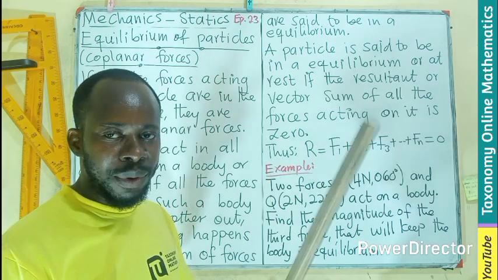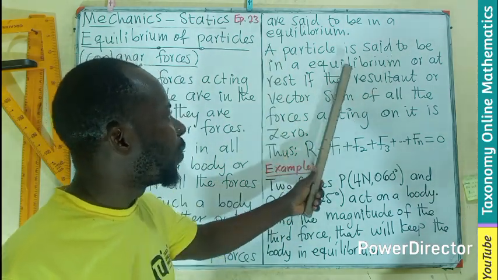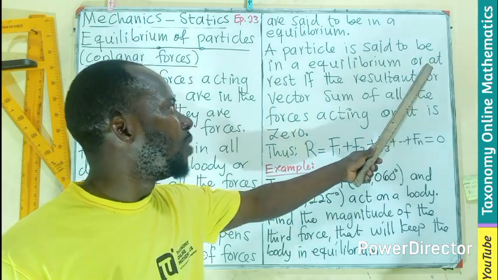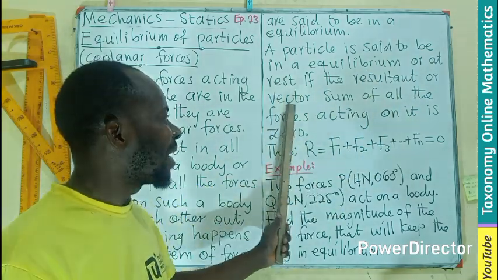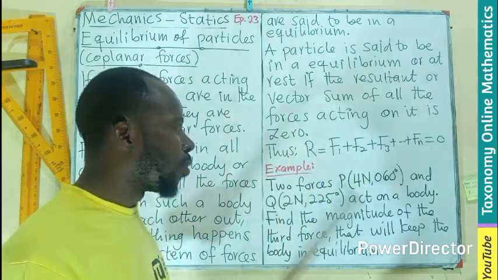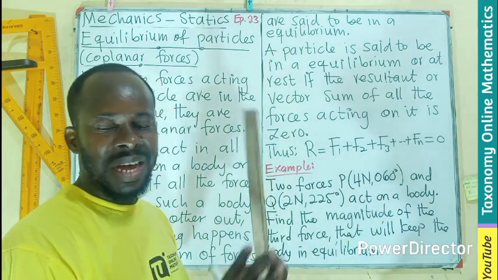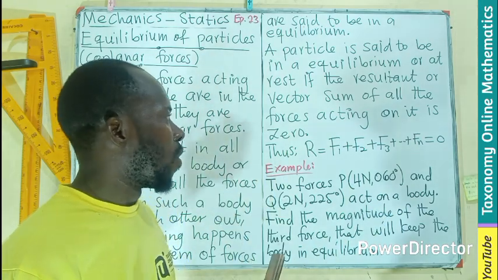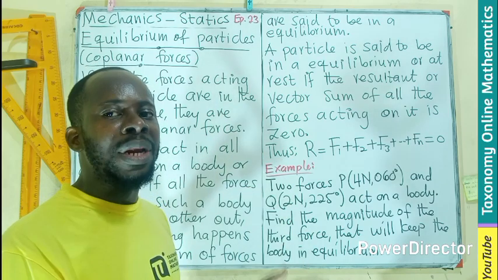So when the body is in equilibrium, what does it mean? A particle is said to be in equilibrium, or at rest, if the resultant or vector sum of all the forces acting on this body is what? Zero. When the resultant of all the forces acting is zero, we call that body to be at rest, or the body is in equilibrium.